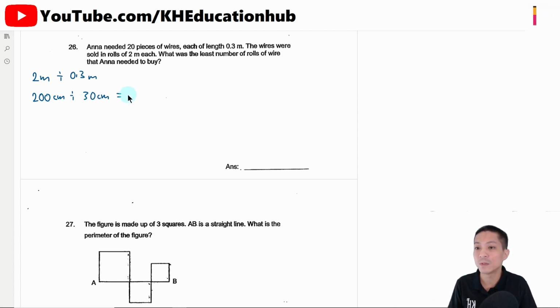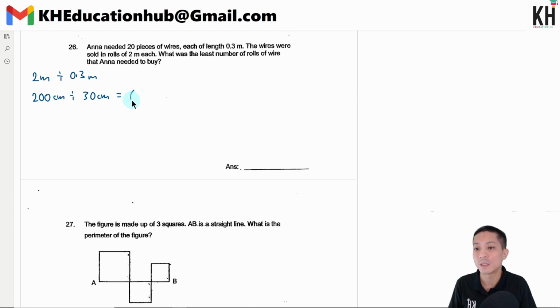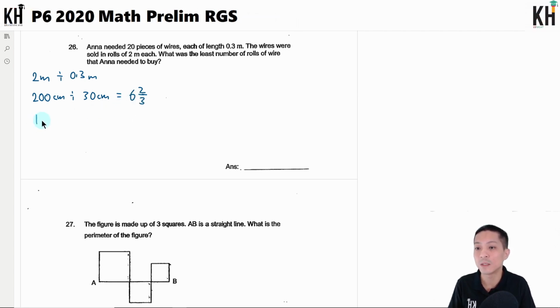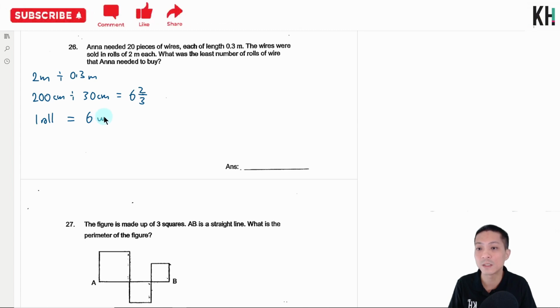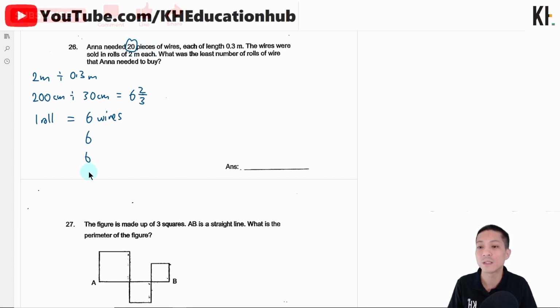So that will give you 6 and 2/3, which means that one row, you can only cut 6 wires. So if you need 20, that means you need another 6.